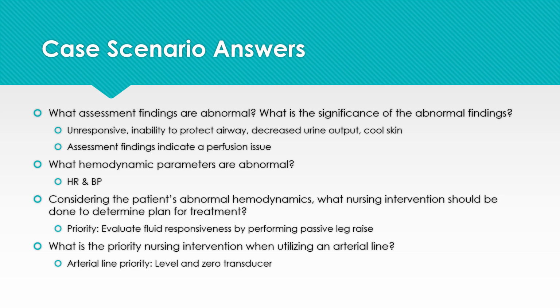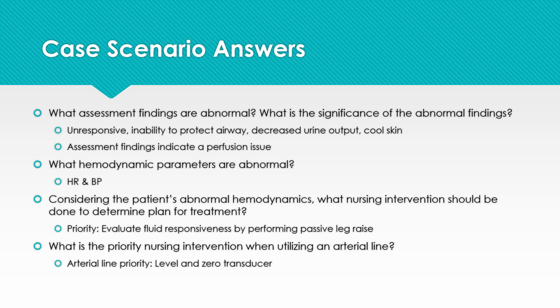And then last question, what is the priority nursing intervention when utilizing an art line or arterial line? That priority is we need to level and zero the transducer at the phlebostatic axis. So remember, in order to get an accurate reading, the transducer must be in the correct place.